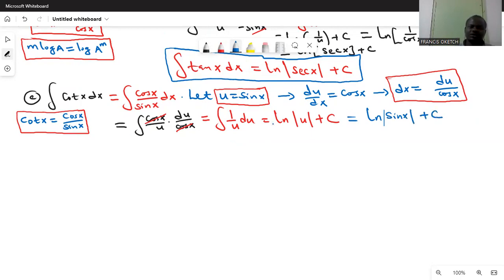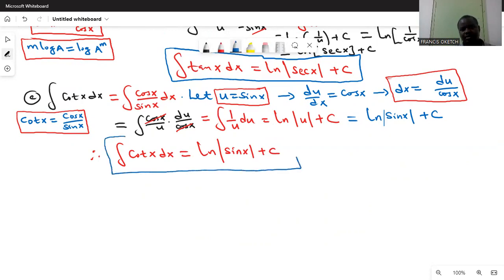What you need to take note of is that when you integrate cot x, you need to get ln of sin x. Therefore the integral of cot x dx is the natural log of sin x plus a constant c. Also a very important formula that you can find in your ISMP table.